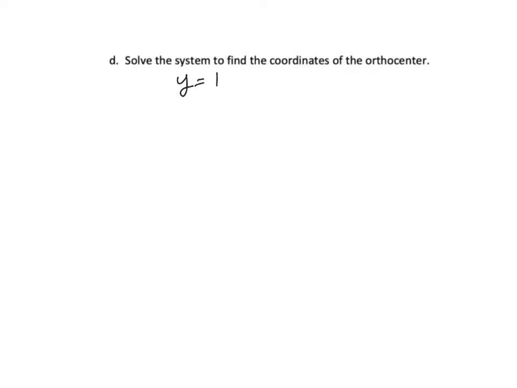Our one equation was y equals 1, and that was from part B. And then we also found another equation in part C, which was y equals negative 4/3 x plus 10.